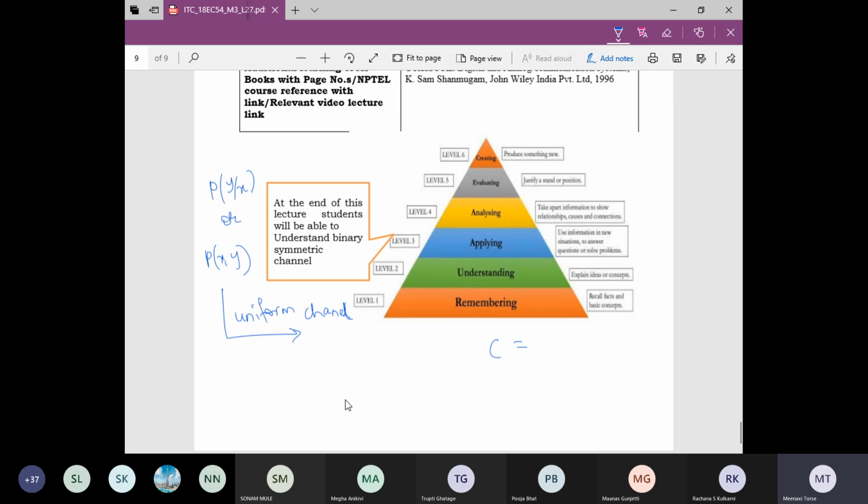Channel capacity is given by log of S minus H, where S represents the number of output symbols and H is computed as the summation J equals 1 to S of P subscript J log of 1 by P subscript J. This lowercase h is nothing but the elements of the channel matrix. Substituting log S minus H gives us the channel capacity.